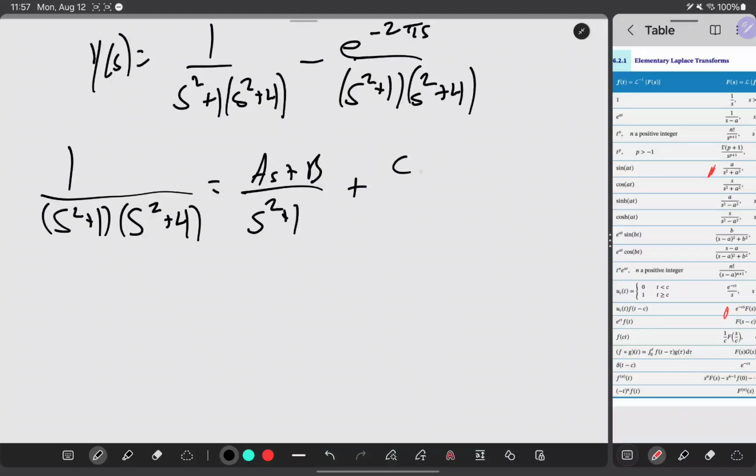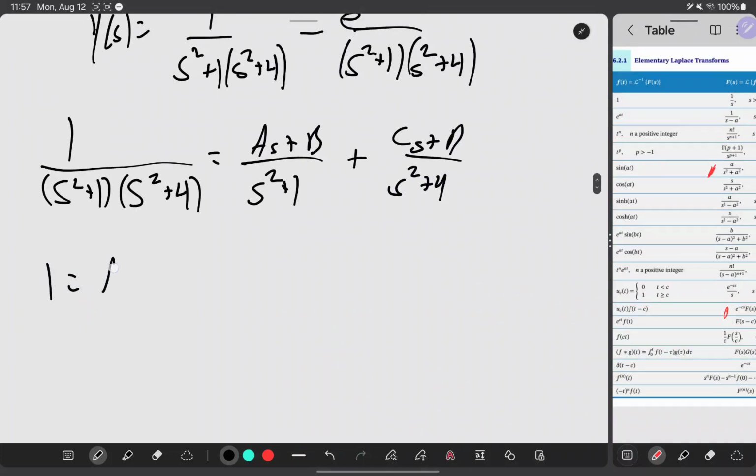ABC over s squared plus 4. Now I can go to the step I was at. s squared plus 4. I'm writing really fast, my handwriting's kind of going down the drain.